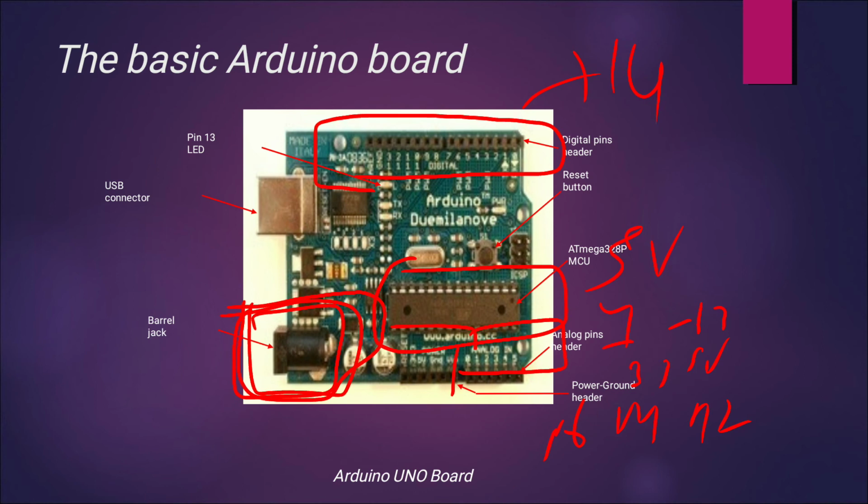This is the power, operated at 3.3 volt, and there is a ground also. In power jack, Arduino can be powered either from the PC through a USB or through external source like adapter or a battery.